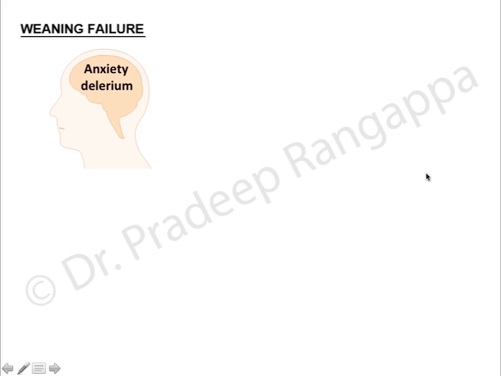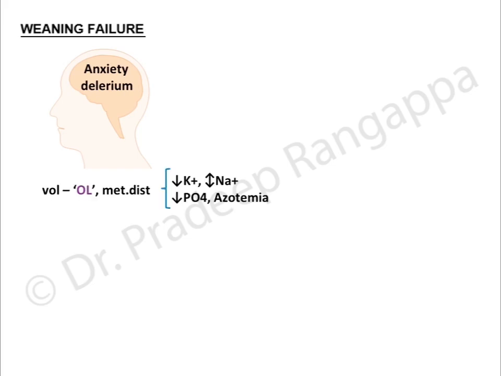So, weaning failure. After you have succeeded in SBT trials, they can still fail when the patient has anxiety, delirium, or volume overload. They may fulfill all the criteria on positive pressure ventilation, respiratory rate may be okay, and heart rate may be okay. But if they have a low cardiac output state, there is a risk of fluid overload once you take them off pressure support. Or someone fulfills all criteria but has severe metabolic problems like severe hypokalemia, hypernatremia, or hypophosphatemia.